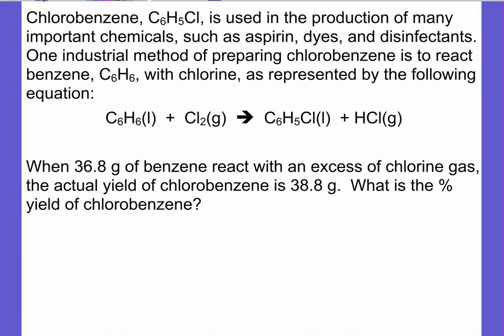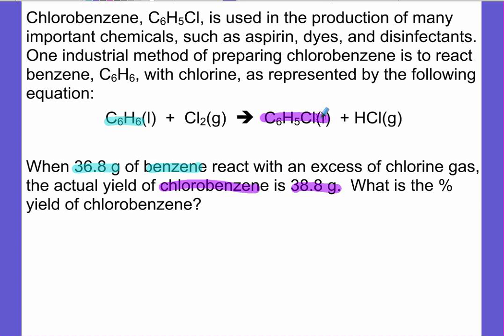So try not to get confused here. You are given a couple different values, but this 36.8 grams is your benzene. That's this stuff. The 38.8 grams is your chlorobenzene, which is this stuff. They're not the same thing. So I can't just use those 2 gram values that are given and try and get a percent yield.